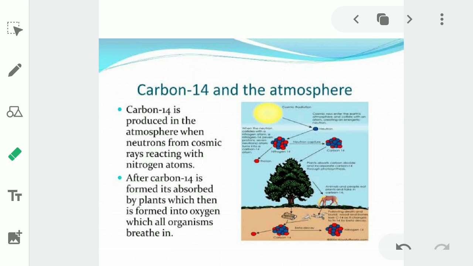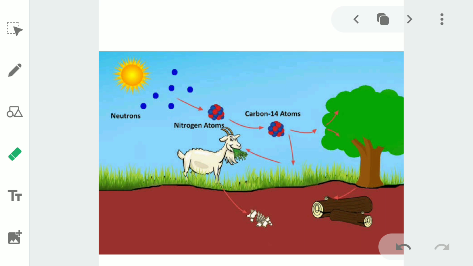C14 remains as it is because it is radioactive and an unstable molecule. So this is how the carbon dating method is done, and this is how the age of the fossil is determined by this technique.